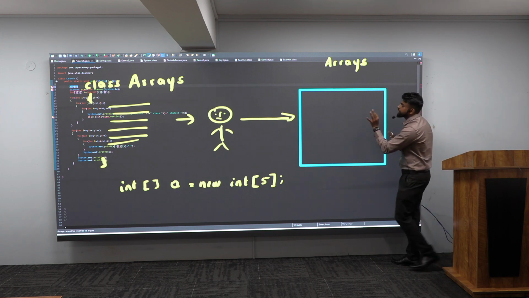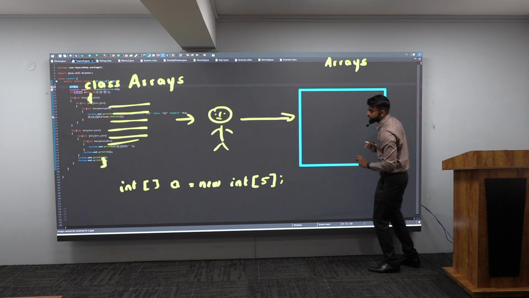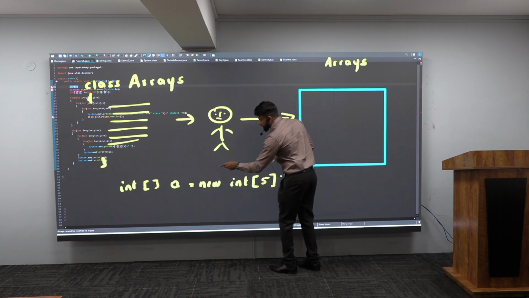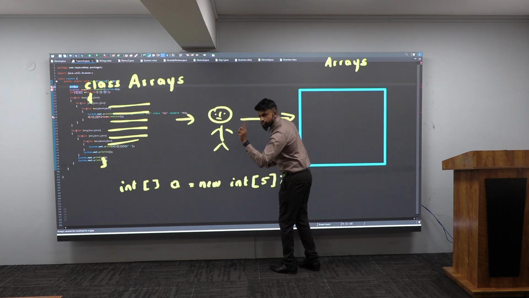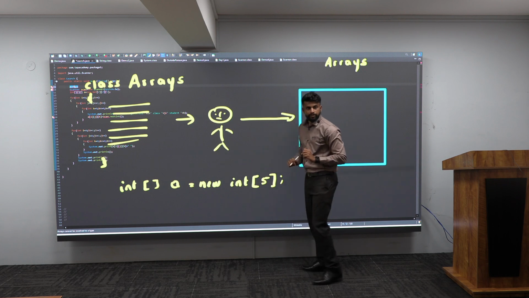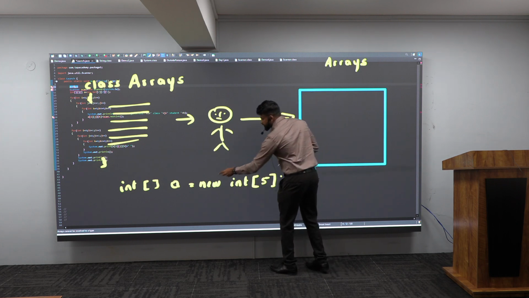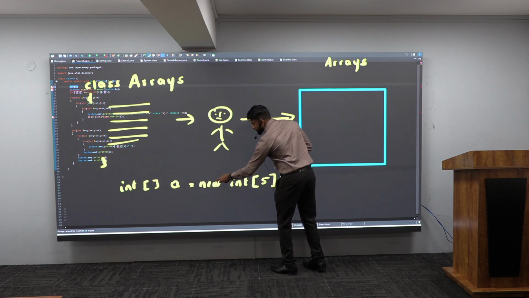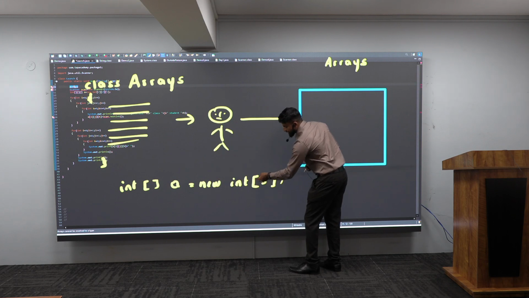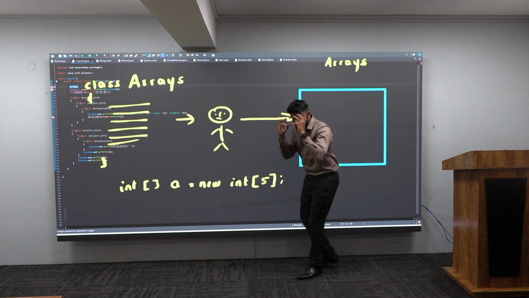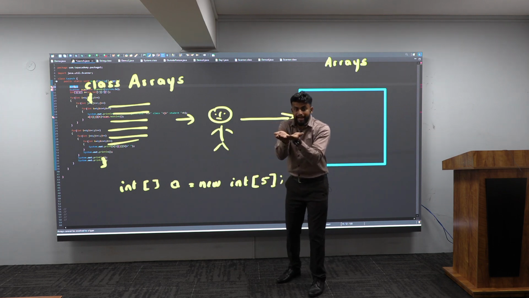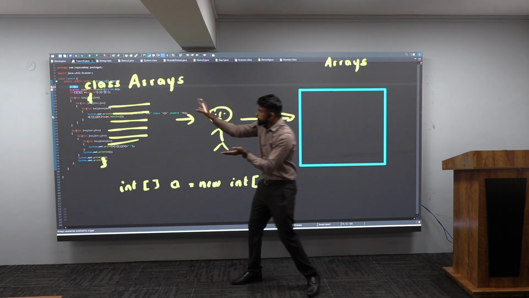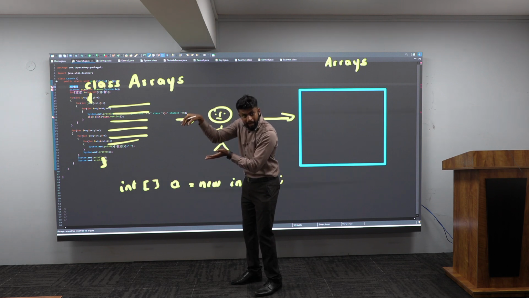But whenever you are creating an Arrays object, you should never ever tell new Arrays. You should not tell. Then how should you tell, sir? This is how you should tell: new. And if you tell these brackets, the square brackets, Java itself understands I should create an array object looking at the Array class.